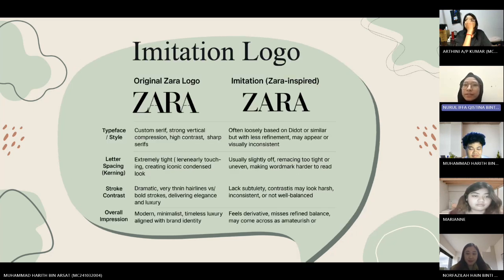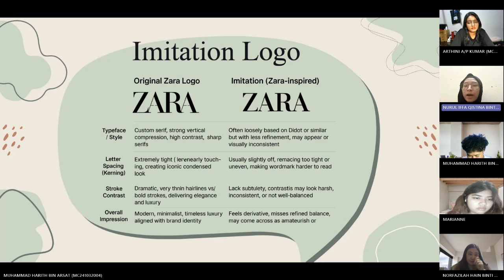As you can see, the difference between the Zara original and the imitation. First, we are going to look at the typeface, which is the style. Zara has a very strong vertical compression compared to the imitation that looks loose, and there is lesser spacing between the letters in the original and imitation. We can see that in the imitation they have a few spacing within the alphabet, and also the stroke.